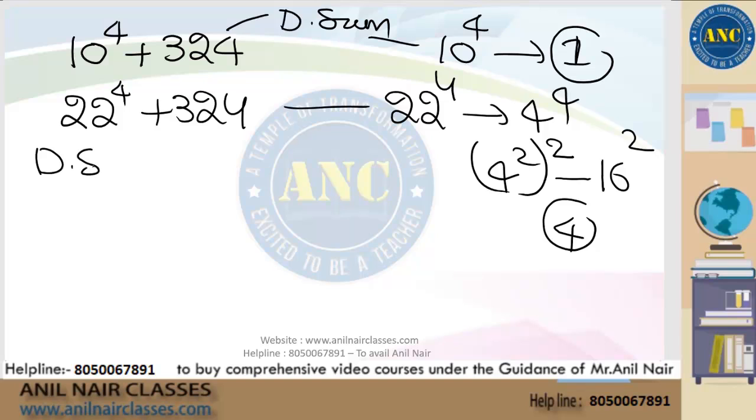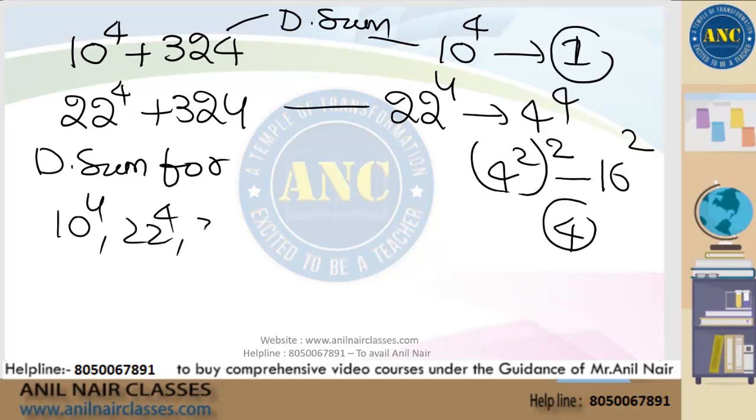Find out the digital sums for 10 power 4, 22 power 4, 34 power 4, 46 power 4 and 58 power 4.